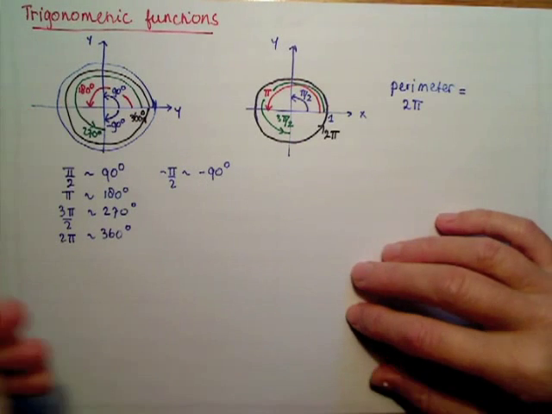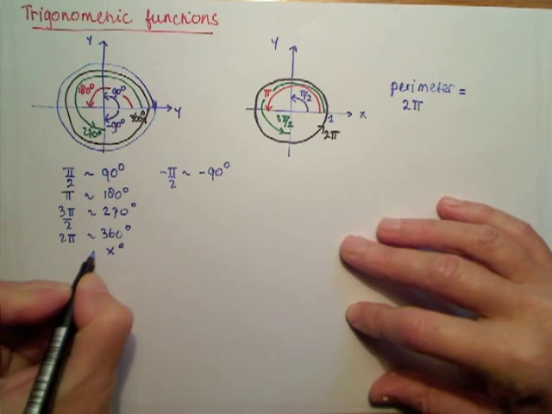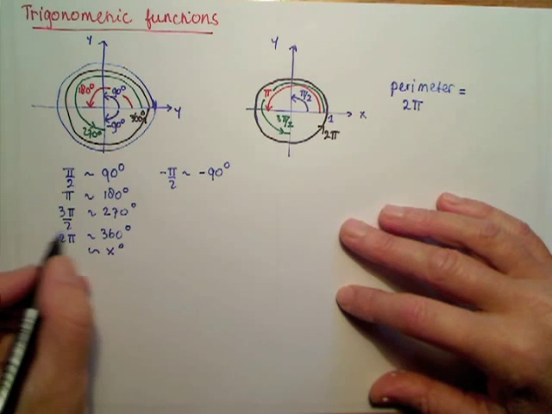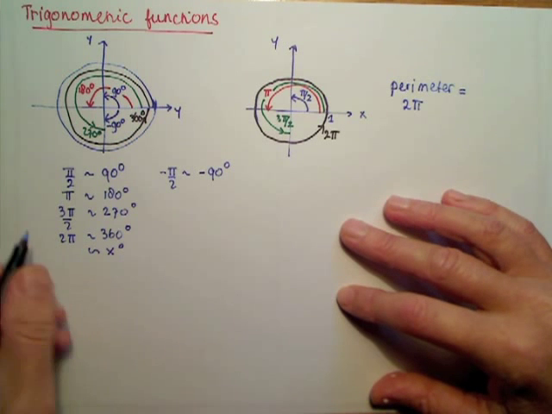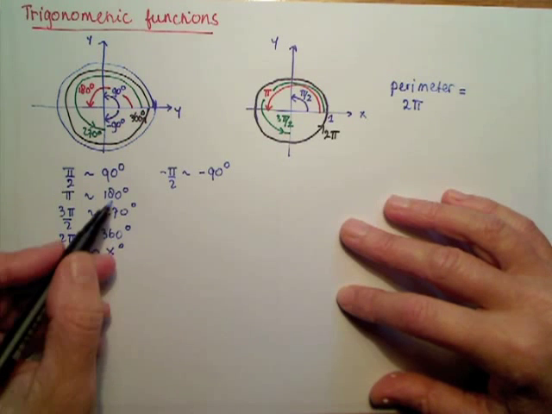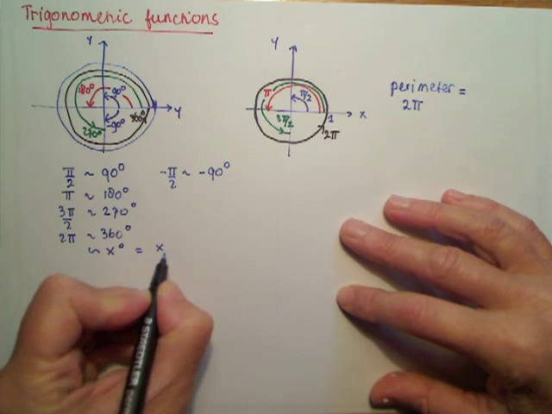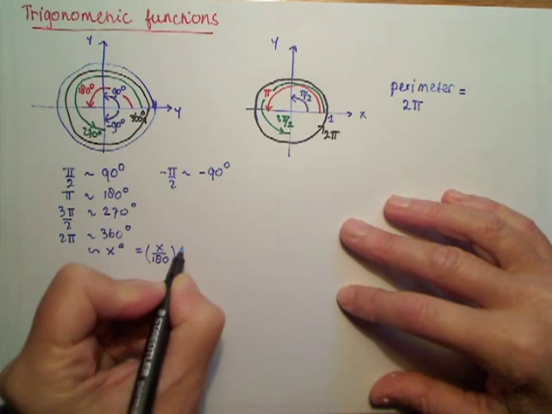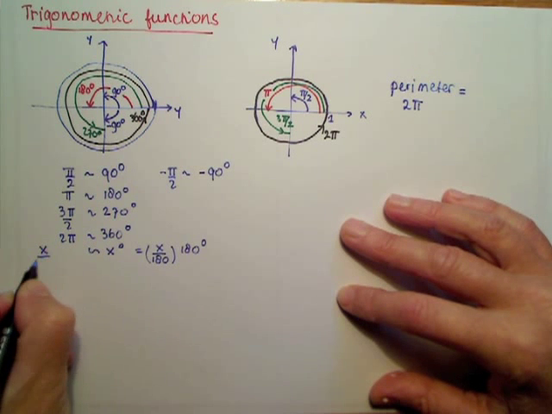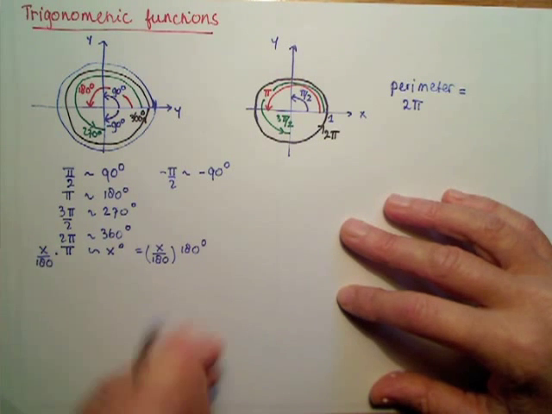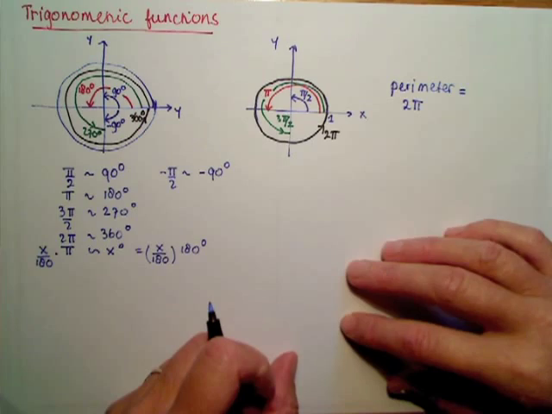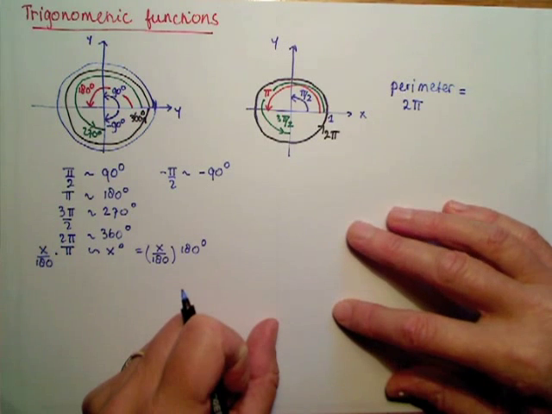So with each angle of x degrees, we can connect a multiple of some coefficient times pi. Since pi is 180 degrees, x degrees is x over 180 times 180 degrees. 180 degrees is pi, so we get x over 180 times pi. So there is a connection between the amount of degrees and the factor in front of pi.